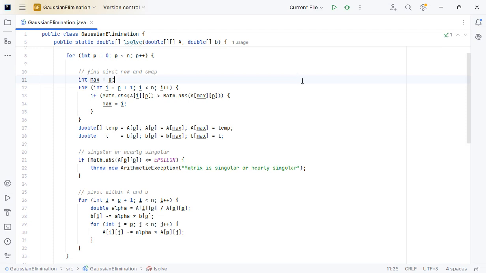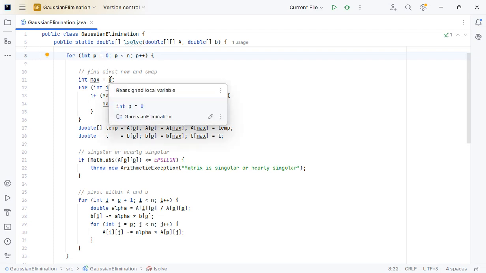What is P again? Look, here is P. It is the iteration. When we go through this cycle, what do we iterate by? Rows. We iterate by rows. Initially you have 0, and here you have max equal P, so it will be 0 first. But then what happens?